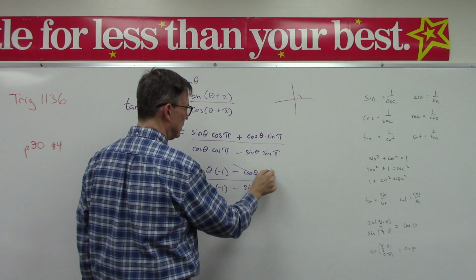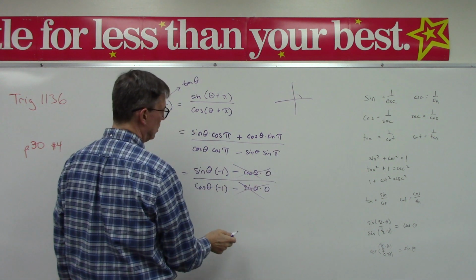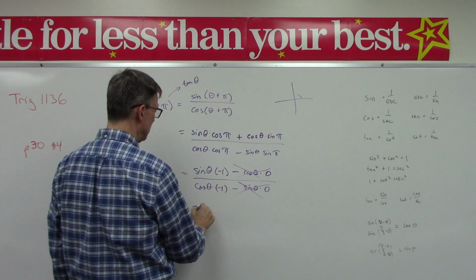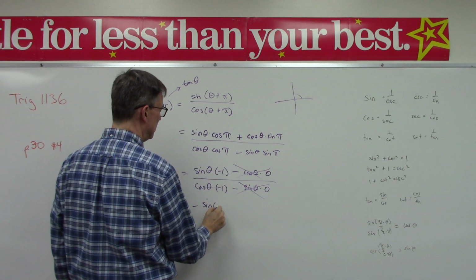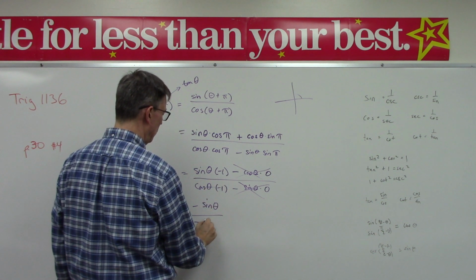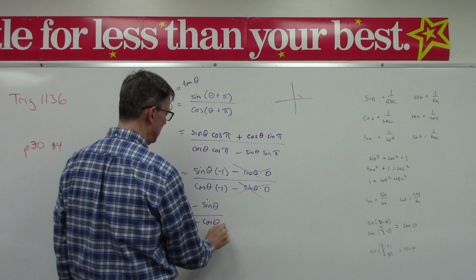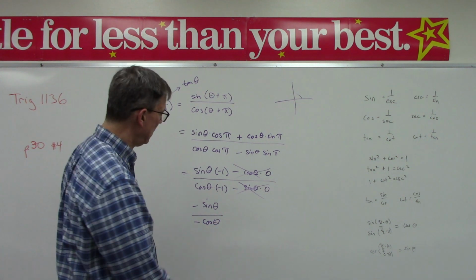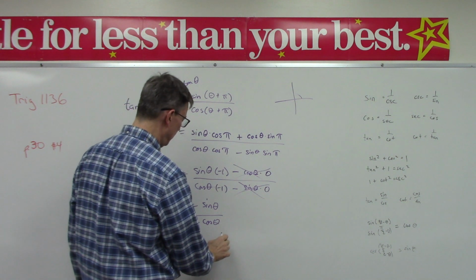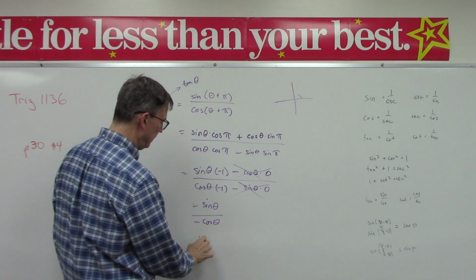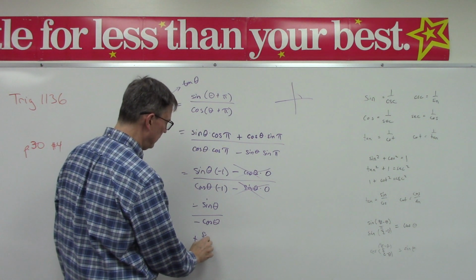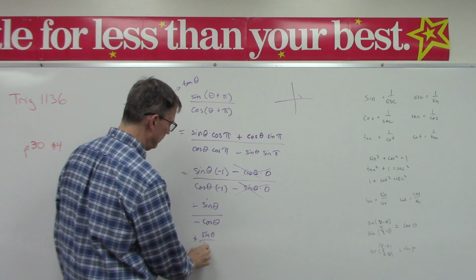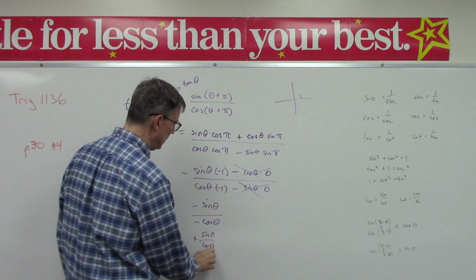So basically that's gone and that's gone. And so this becomes negative sine theta over negative cosine theta. And when we have a negative divided by a negative, that just makes it positive. So we have positive sine theta over cosine theta.